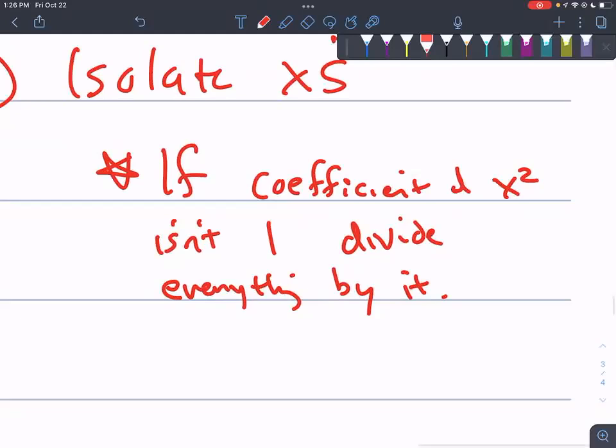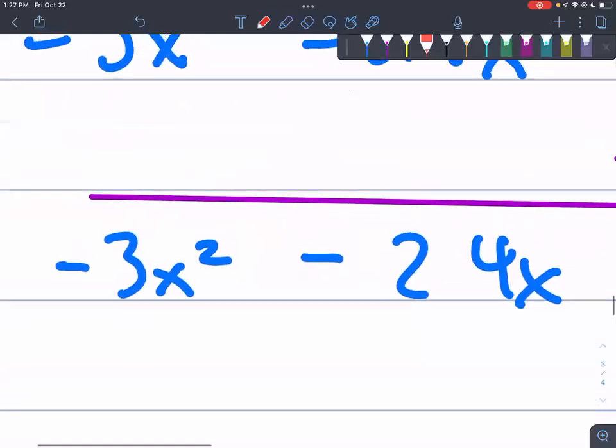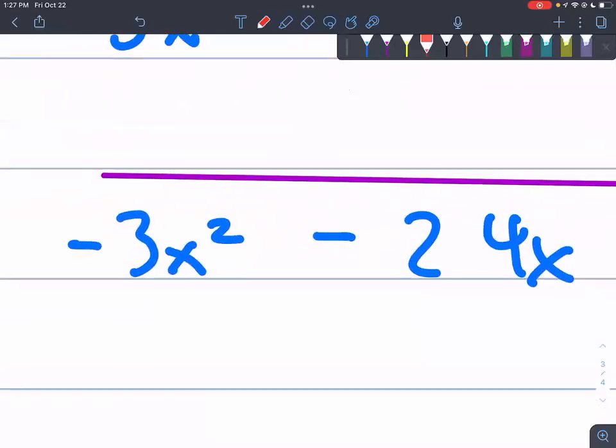On all the examples we've looked at so far, it was just x squared at the beginning, x squared at the beginning, x squared at the beginning. But on this one, we have negative 3 at the beginning. So if you've got something in front of x squared that is not 1, you're going to divide everything by that number.